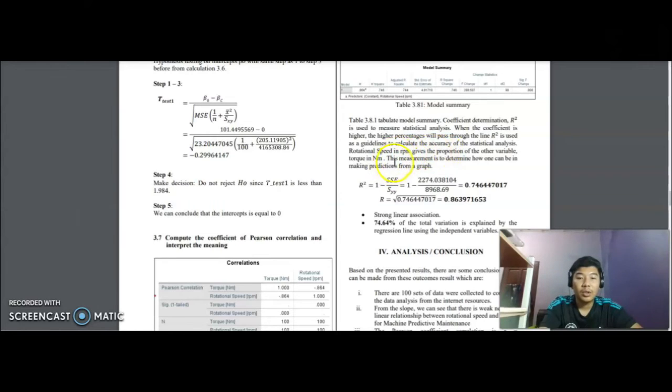So rotational speed in RPM gives the proportion of the other variable, torque in Nm. As you can see, we use this formula and get this value here, 0.746447017, and by taking the square root we got this value. This proves the strong linear association, and 74.64% of the total variation is explained by the regression line using the independent variable.